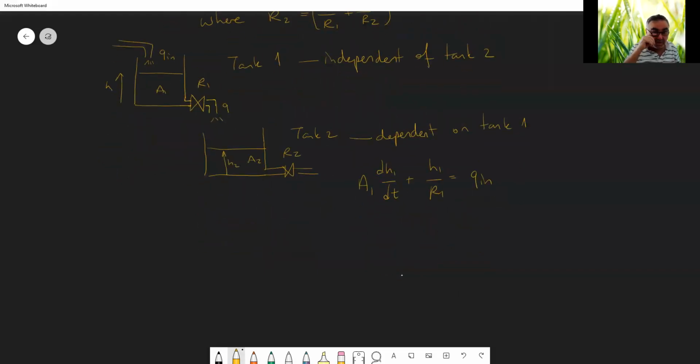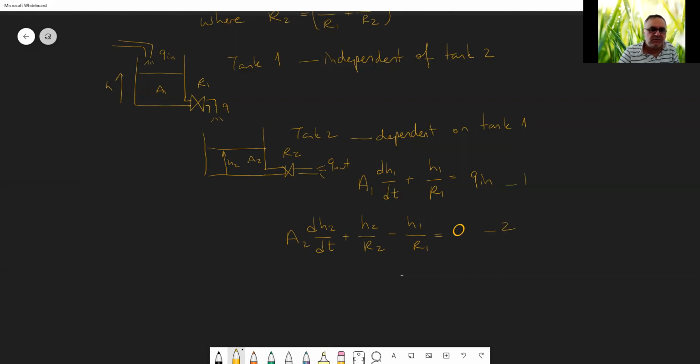Whereas our second equation would be A2 dH2/dt plus H2 over R2 minus H1 over R1 is equal to 0. Okay. So you see this is the first equation, this is the second equation.